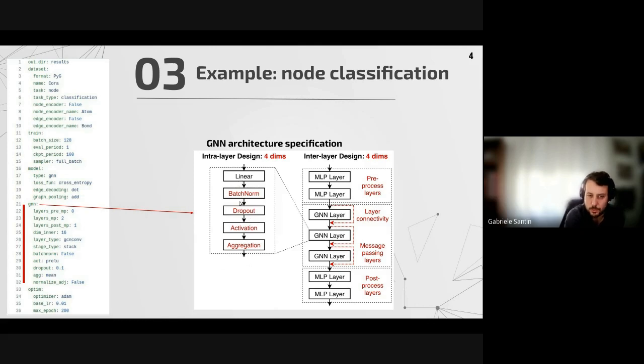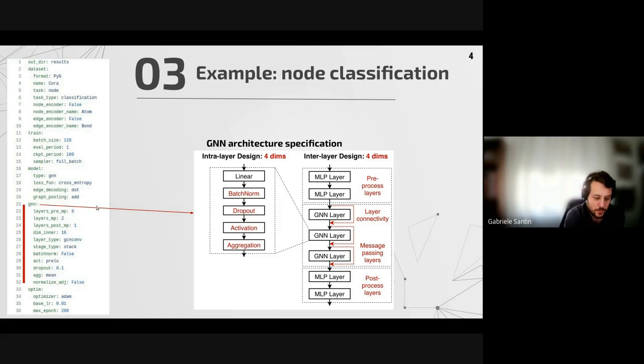We have seen this multiple times last year, and this GraphGym tool works around the assumption that your model can be written in this general form. Okay, and if this is the case, what you can do on the left is just specify every part of this in a very simple way.